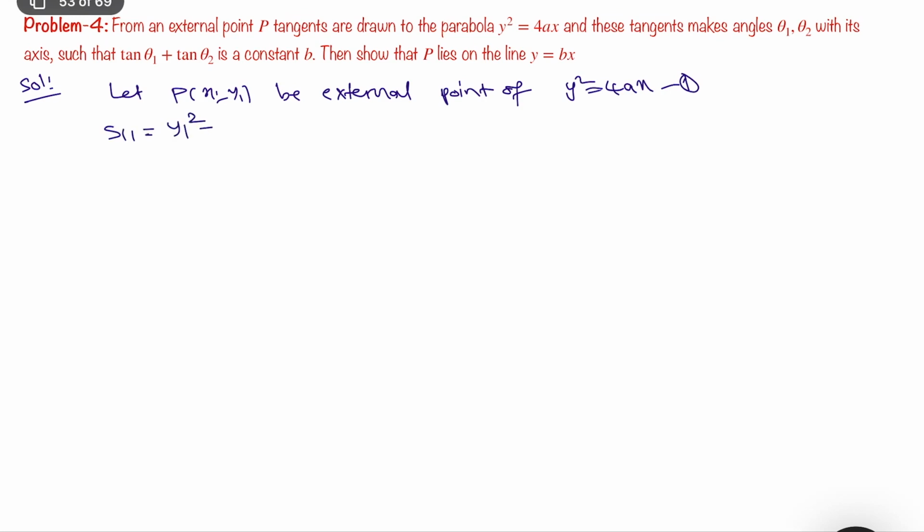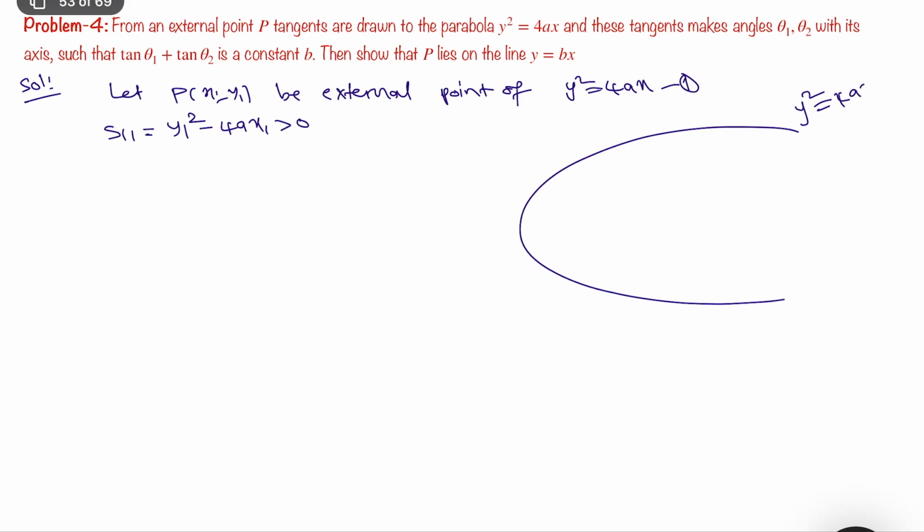What is S11? y1 square minus 4ax1 must be positive. Okay, here let me draw a standard parabola whose equation is y square equal to 4ax. This is going to be the axis, which is the x-axis only. Let us say the external point P location is here, P(x1, y1).